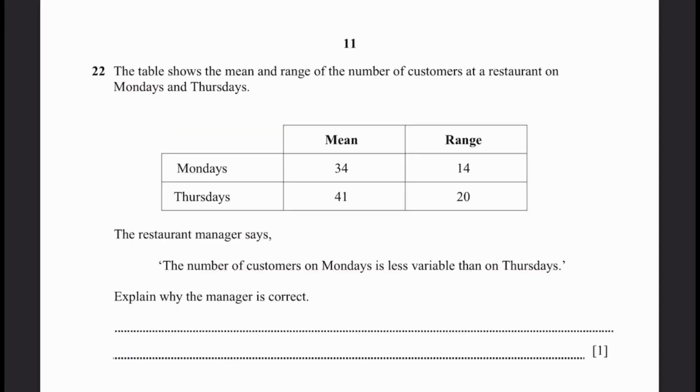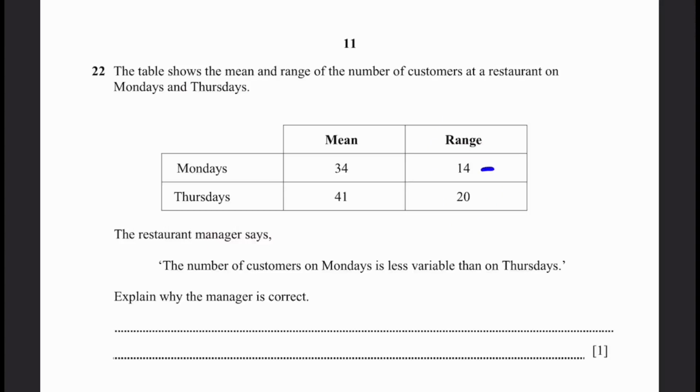Question 22. The table showed the mean and the range of number of customers at a restaurant on Mondays and Thursdays. The restaurant manager says the number of customers on Mondays is less variable than on Thursdays. Explain why the manager is correct. The simplest way to do this is comparing the ranges because it is the biggest number minus the smallest number.